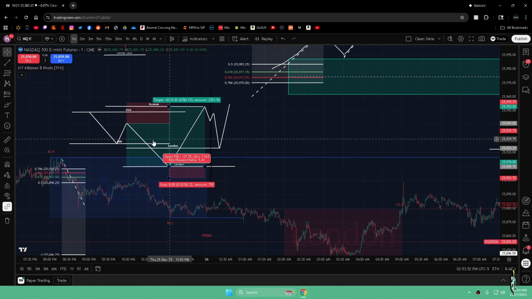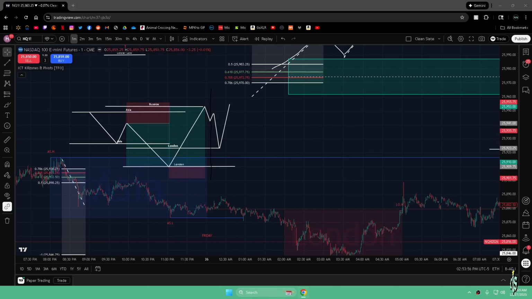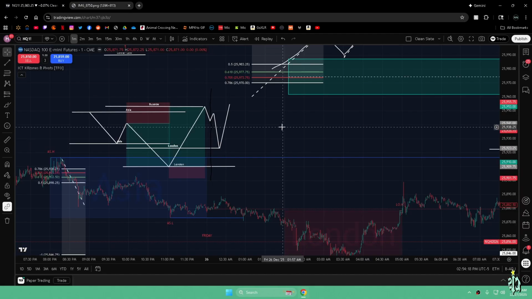So what I'm looking for is the reversal, New York reversal, and I'll pull that up like always. I'll pull it up, the little thing we follow. We're looking at a New York reversal here. If not, we're looking for a New York continuation. One of these two, right? We don't want these because we don't make any money, right?